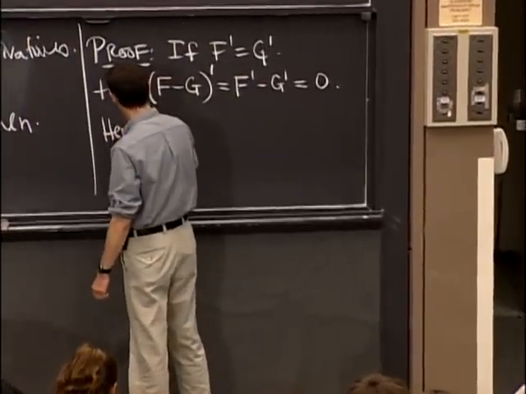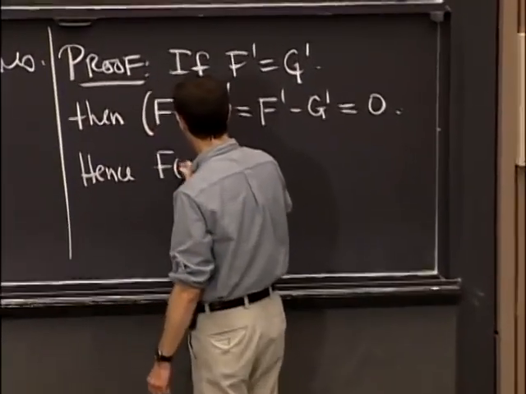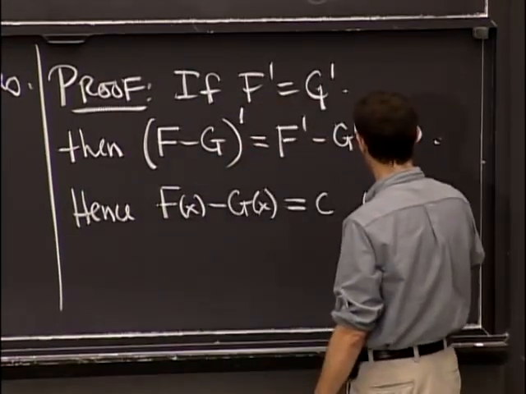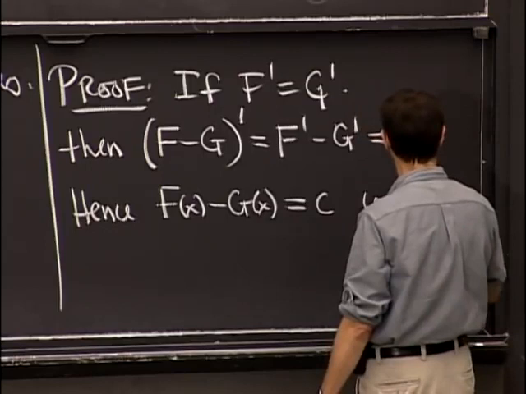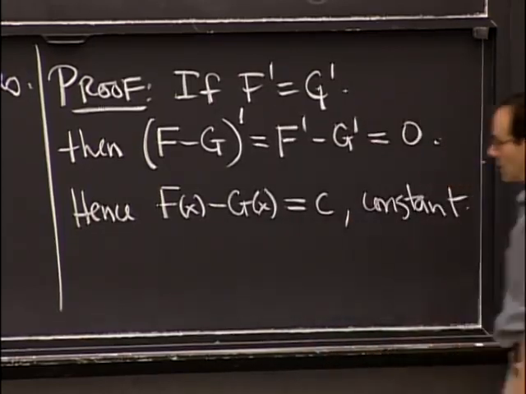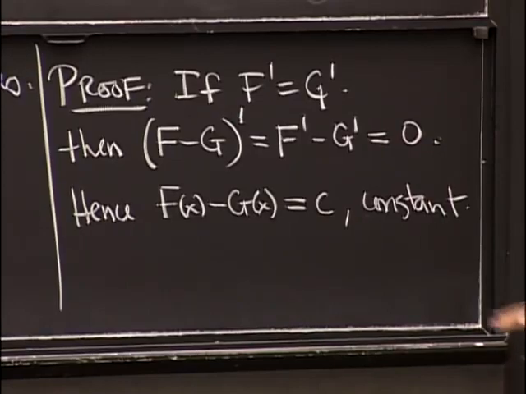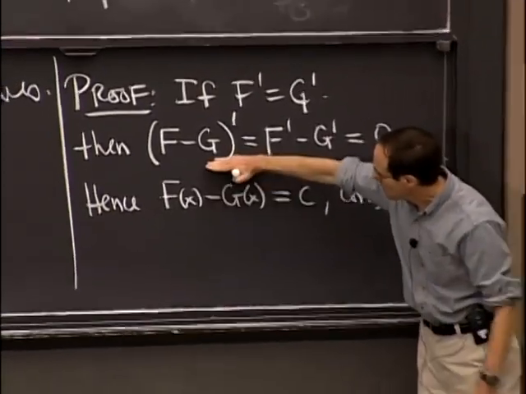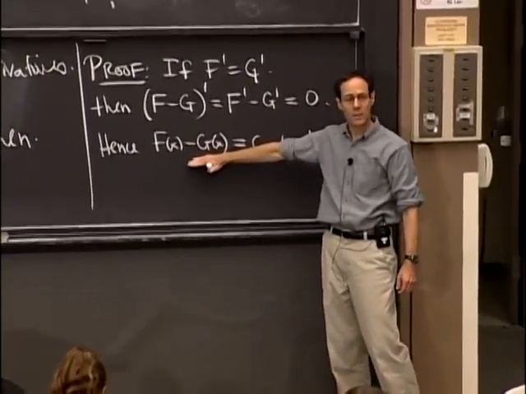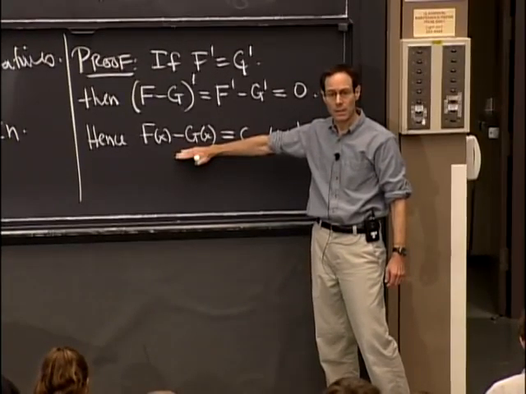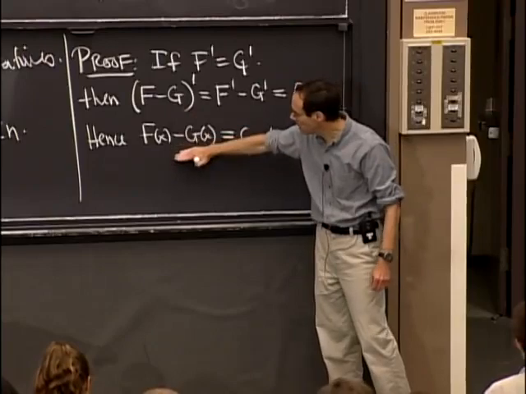Hence, f of x minus g of x is a constant. Now, this is a key fact, a very important fact. We deduced it last time from the mean value theorem. It's not a small matter.